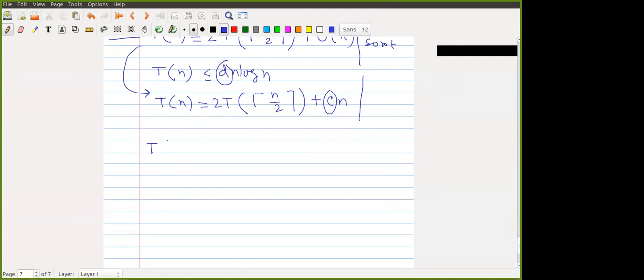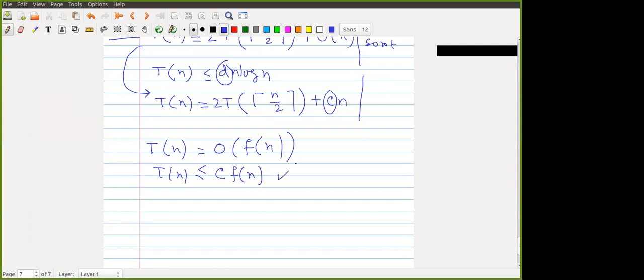Suppose I want to express T of n as a big O of some function f of n. If we look at the definition, to express it as big O of something, we actually have to prove that T of n is less than or equal to some c times f of n.